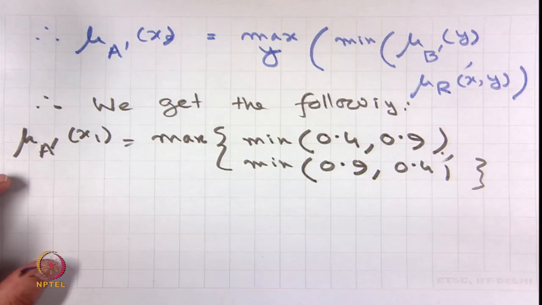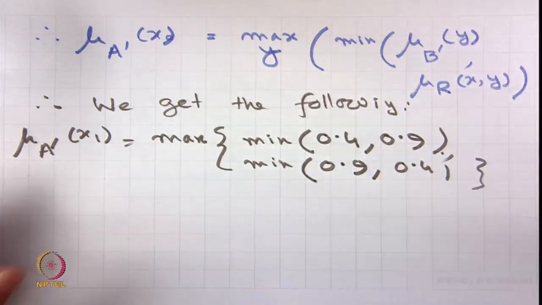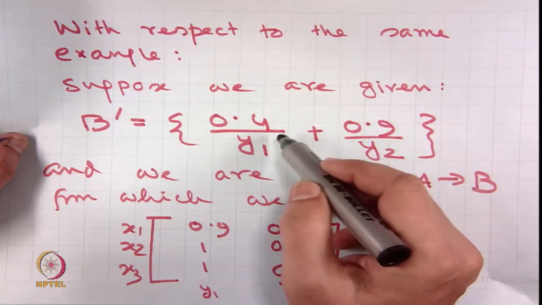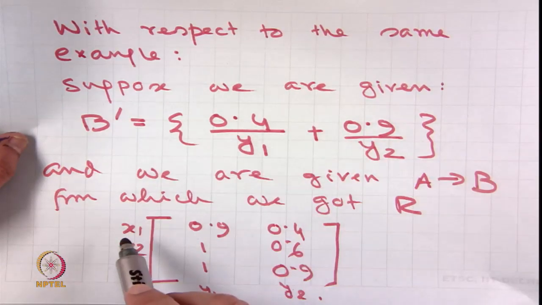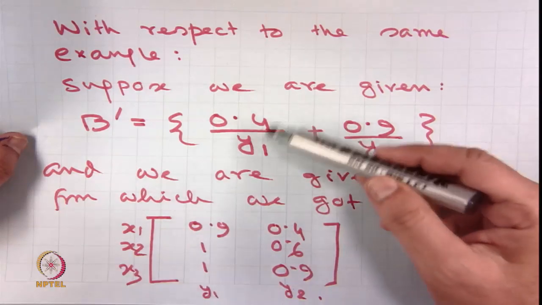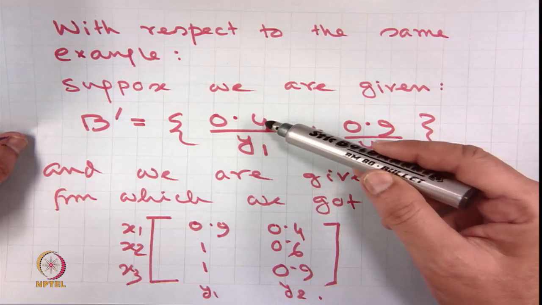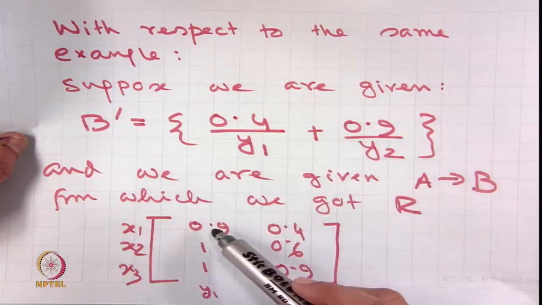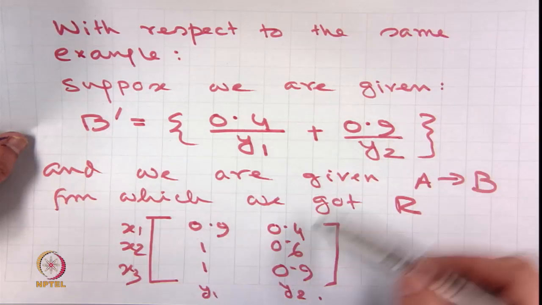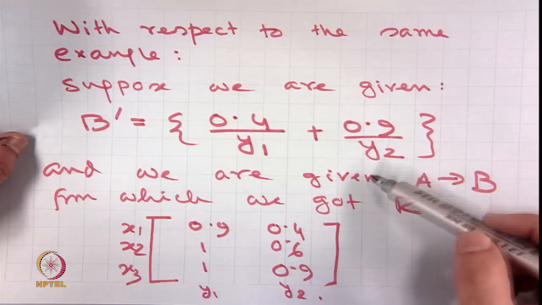Why is it coming? So, let us look at this. We are looking for membership of x 1 to A prime. So, you are looking at the membership of y 1 and the strength of relationship between x 1 and y 1, and the membership of y 2 and the strength of relationship between x 1 and y 2.